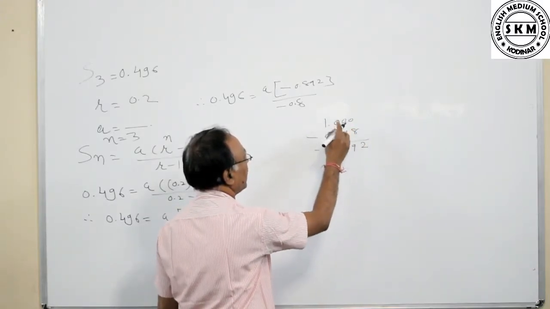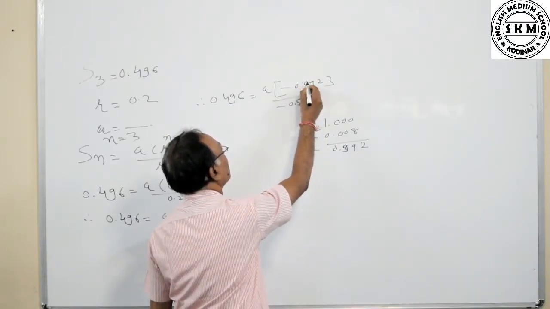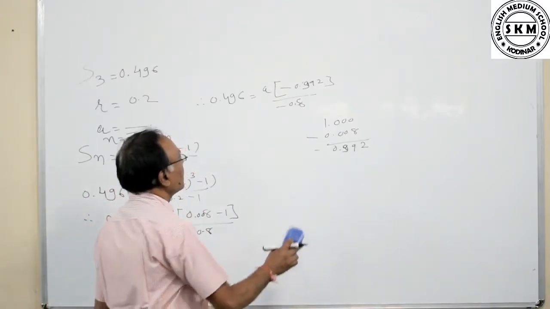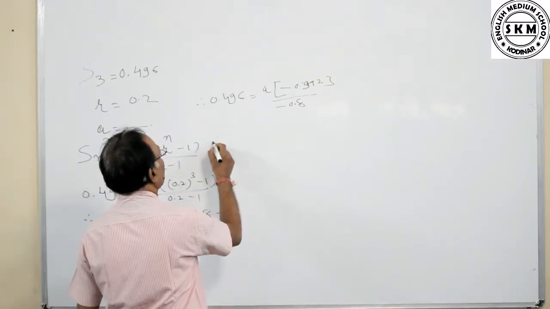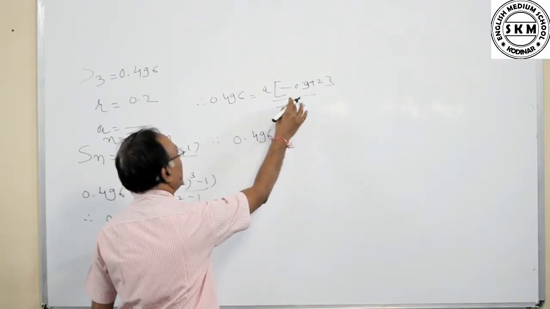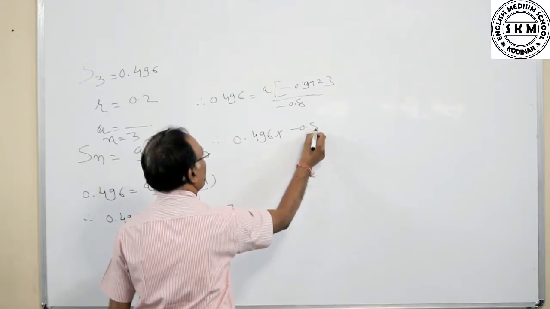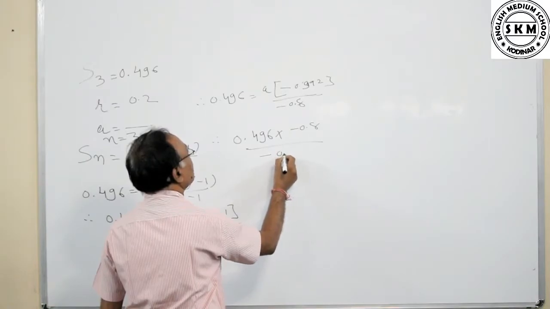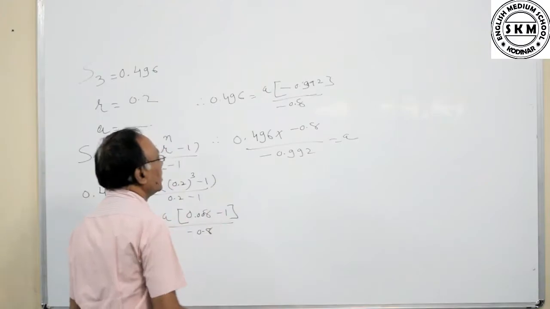Now simplify. Therefore, 0.496, taking the other side, divided by minus 0.8 becomes multiplied, and multiplied becomes divided, so minus 0.992 is equal to A.